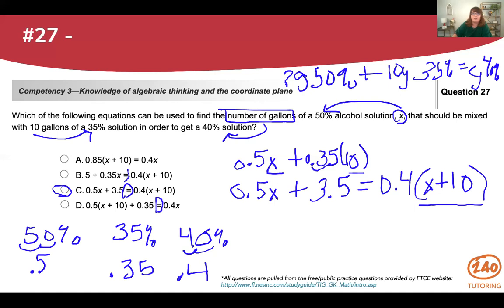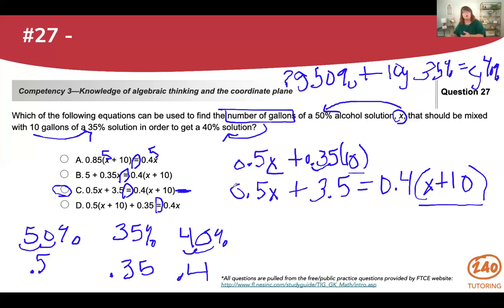So you could literally take the number 5, plug it in for X right here, plug it in for X right here, and solve that. If you solve it, you will see that this side of the equation equals or does not equal this side of the equation. If you do this one and plug in a number for X, both sides will be equal. So you could do that.